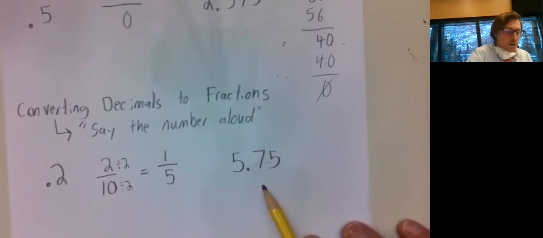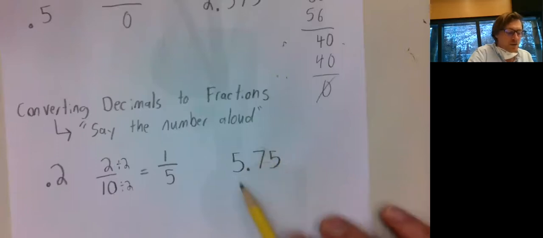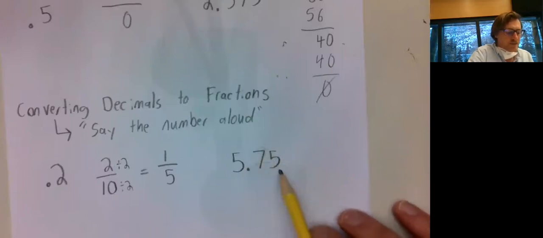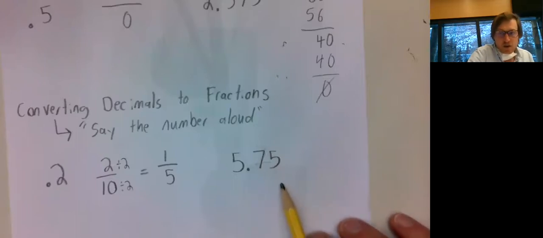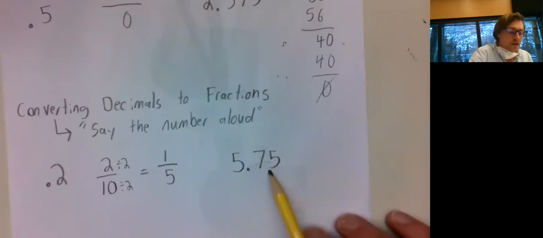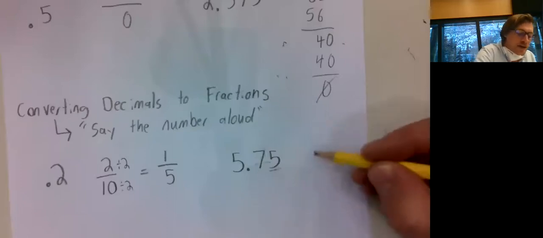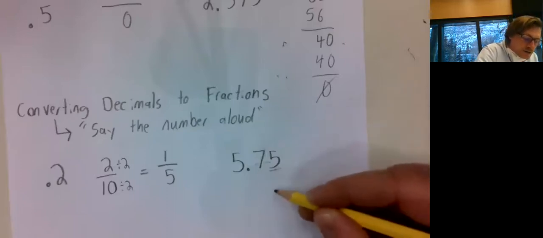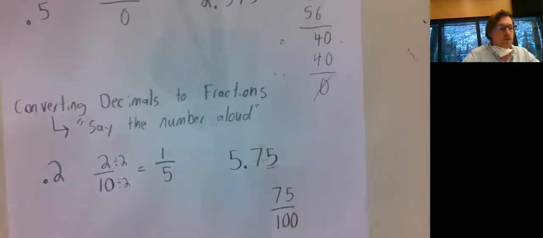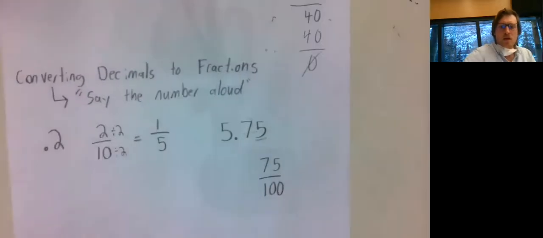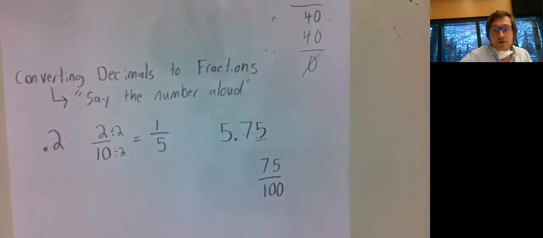So let's just focus on the decimal and converting this decimal, this 0.75, into a fraction. Well, this 0.75, that doesn't get us anywhere. We have to say the place value. That's 75 hundredths. The 5 is in the hundredths place, so that's what I say at the end. 75 hundredths, and there's my fraction right there. 75 over 100. Now, this is an unreduced fraction. We have a fraction, which is good, but let's reduce it down.